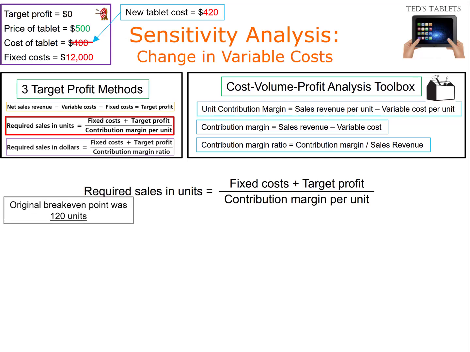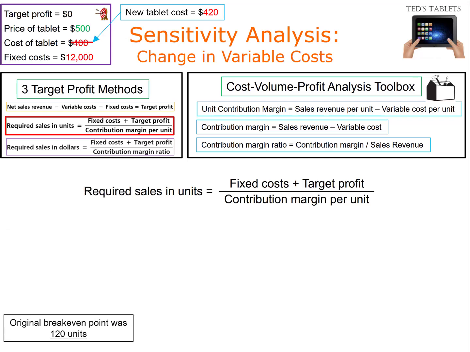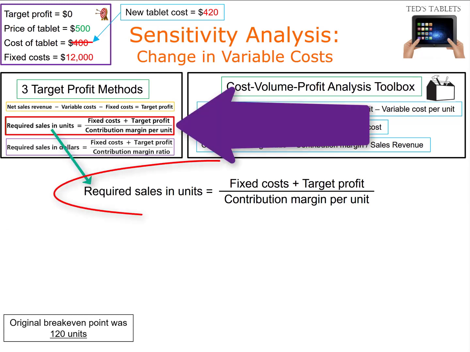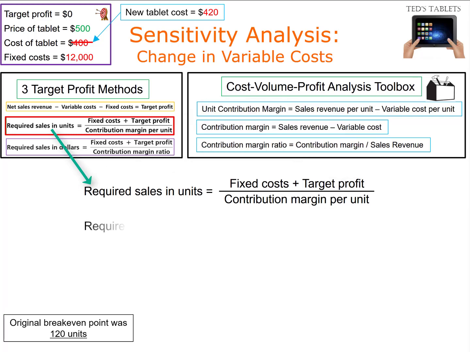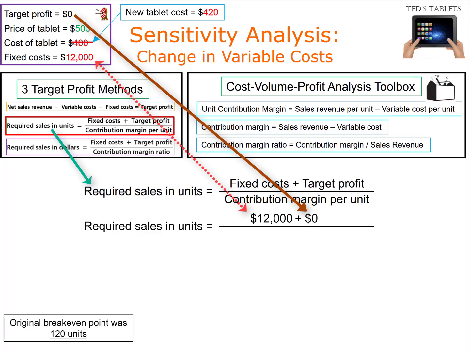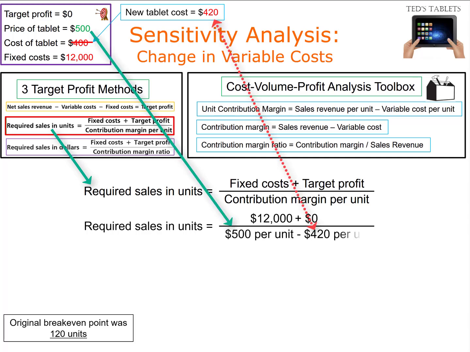Keep in mind the original break-even point was 120 units, and we'll continue to use the shortcut method. As we plug in the numbers, the top part is still the same, $12,000 of fixed costs, plus a target profit of 0 since we're trying to find the break-even point. Now the denominator becomes the $500 sales price per tablet minus the $420 cost to make each tablet.